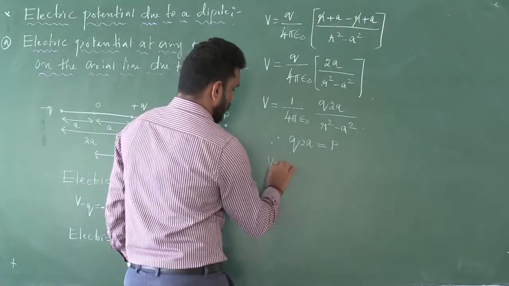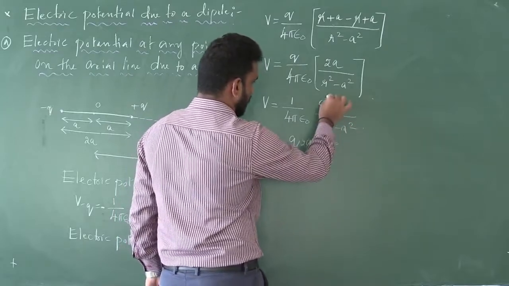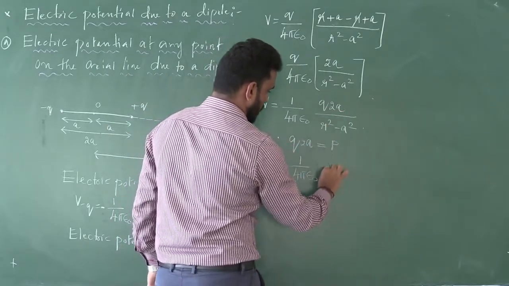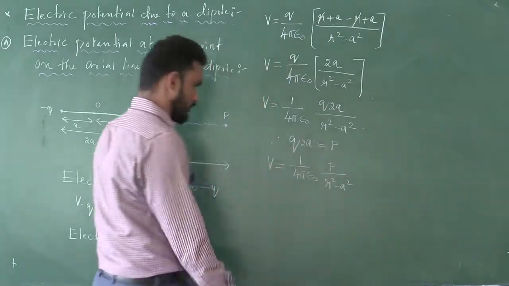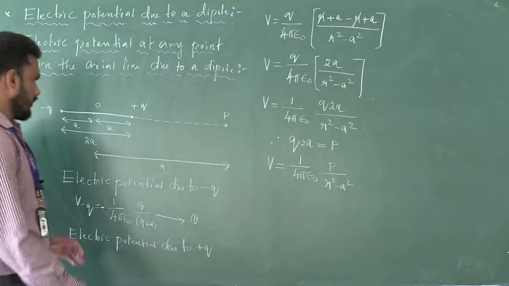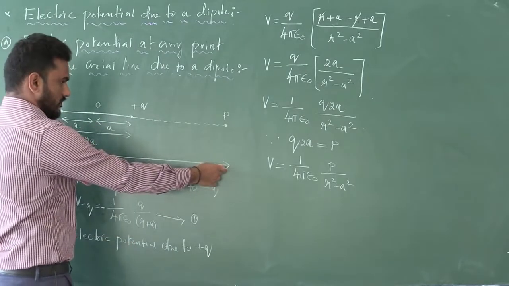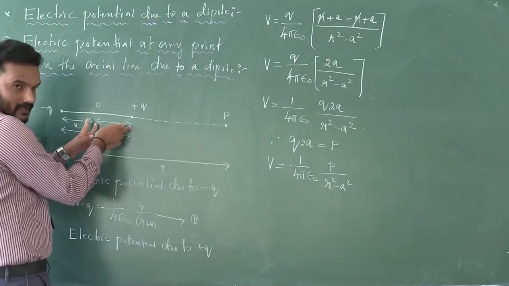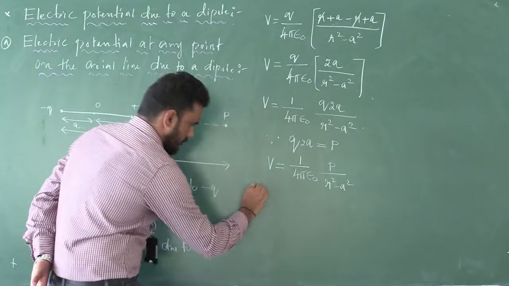So V is equal to 1 over 4 pi epsilon naught, and in place of Q into 2a I can write p, so p divided by r square minus a square. Look here, if the dipole is very short, r is very much greater than a, which means r square is very much greater than a square.